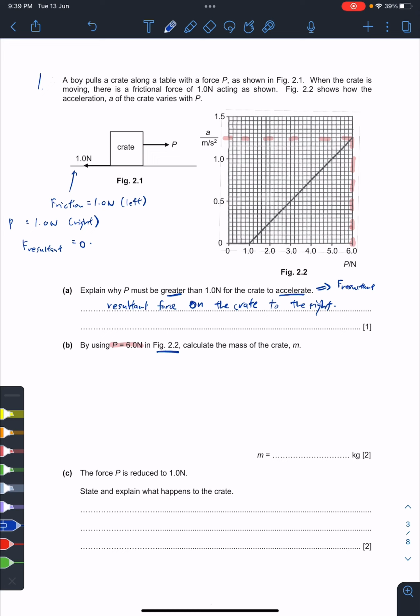It seems like this is 1.25. So that means the acceleration is 1.25. So your P equal to 6.0 Newton. This means that A equal to 1.25. How do you know this? From graph.